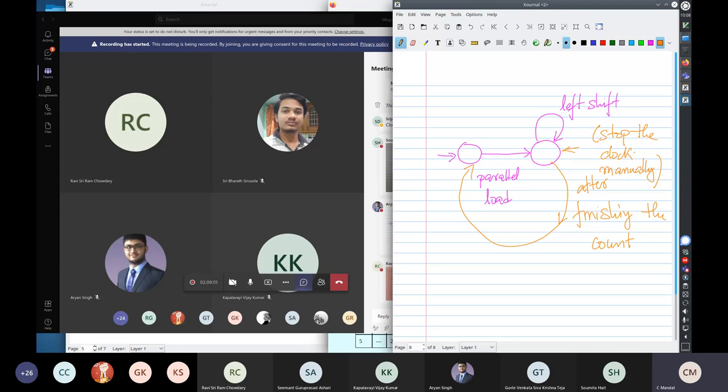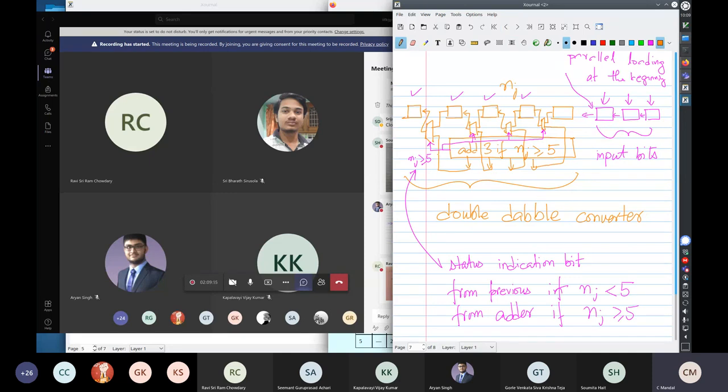Actually in the initial state, you can also parallel load all the other bits to 0. You can parallel load all of them to 0, or you can use a synchronous reset.